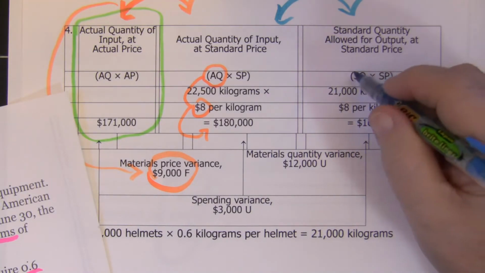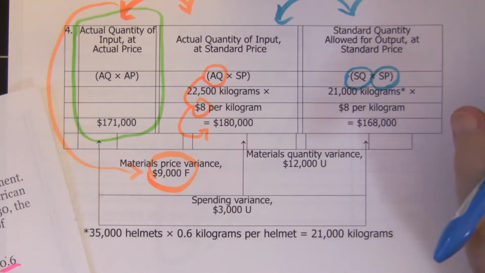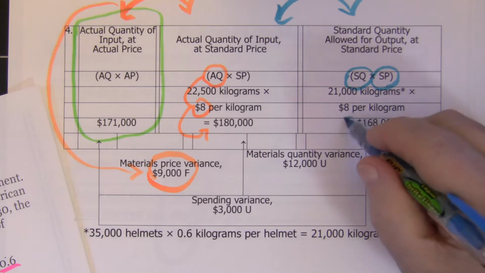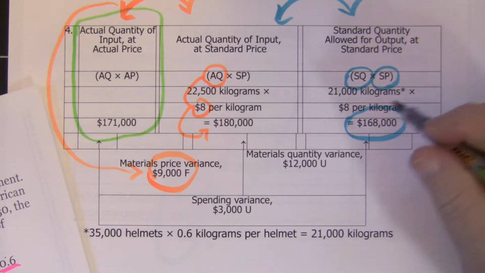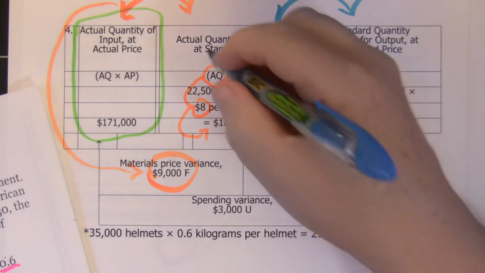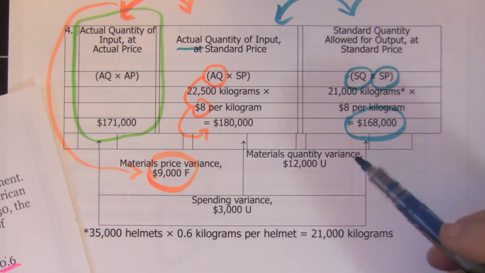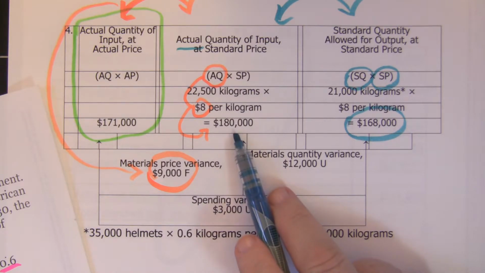Had we used the standard quantity at the standard price, which they give us, $8 per kilogram, we would have spent 168,000.